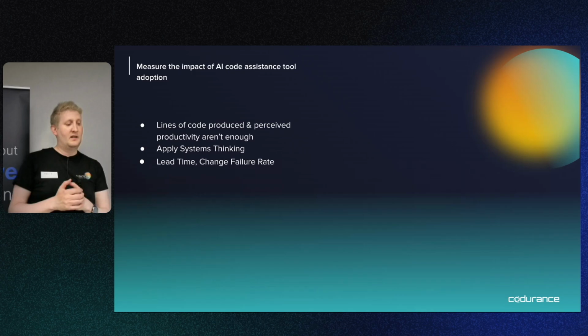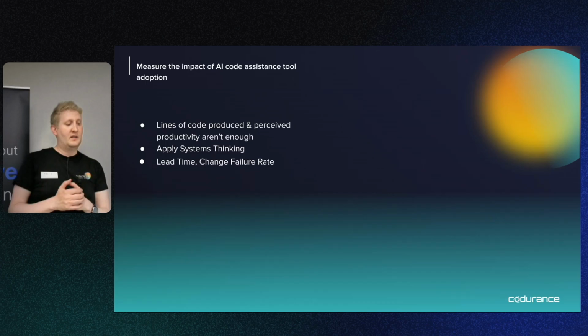A big one for us as well is trying to measure the impact we're seeing from code assistant tool adoption. One thing is, yes, we're going to adopt these tools, but are they helping us in the right way? Lines of code produced isn't really a meaningful metric. Even if you ask a developer whether they feel more productive and they say yes, that isn't really enough.